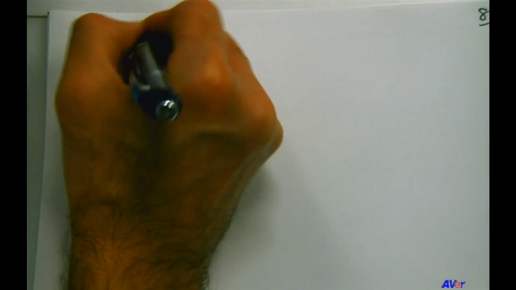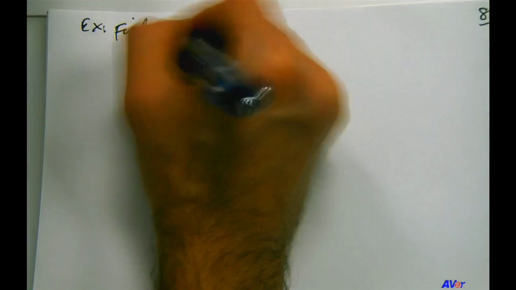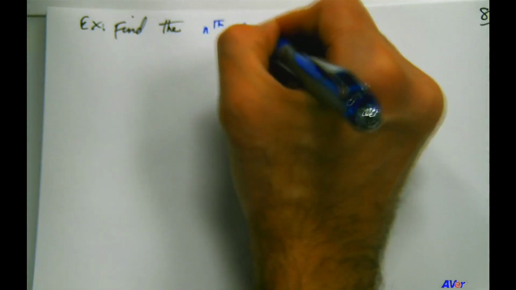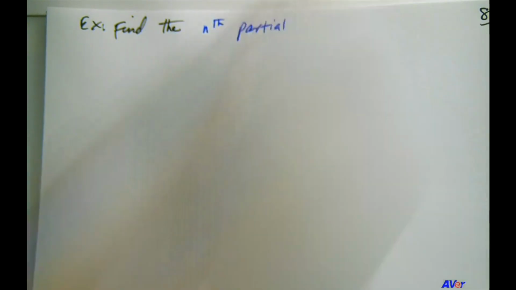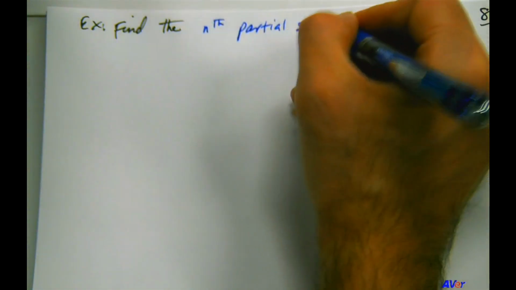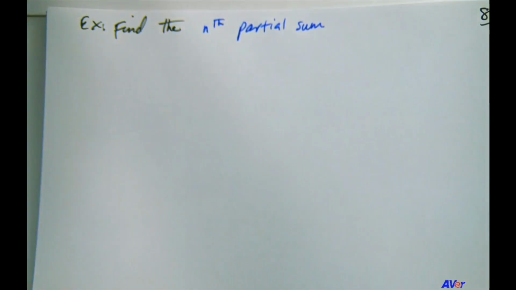So in this example, we want to find the nth partial sum. Not the nth term of a sequence, but the nth partial sum. Very important.